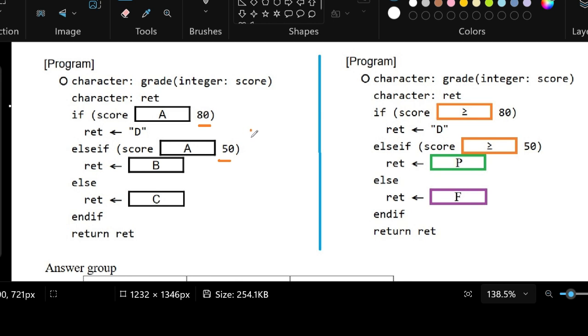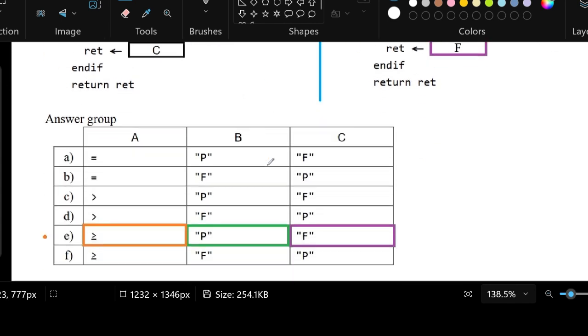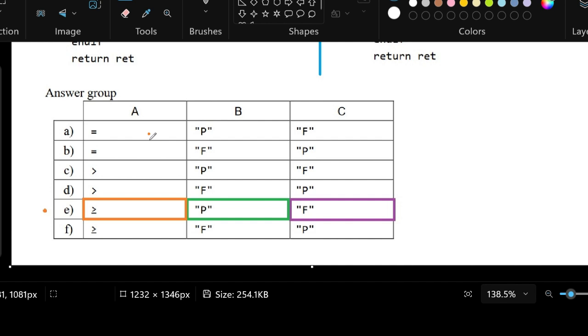And the way to answer this is to, of course, once we look at the program in this way, we want to know what are the choices. If we look at the answer group, we have several, and again, the part about whether we include the 80 or the 50 is something that we need to figure out.